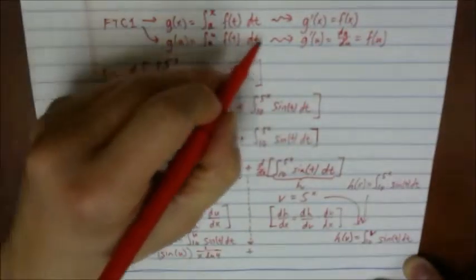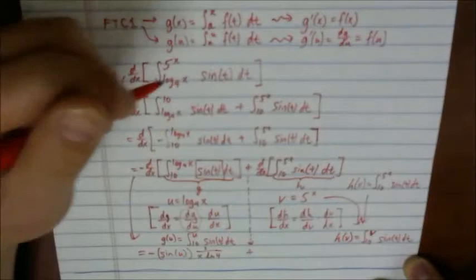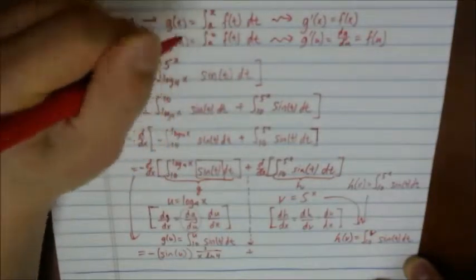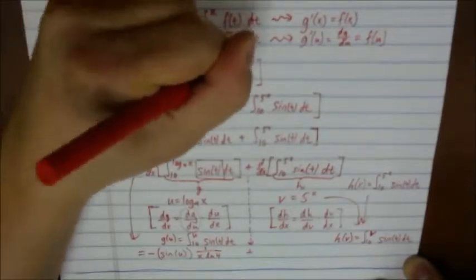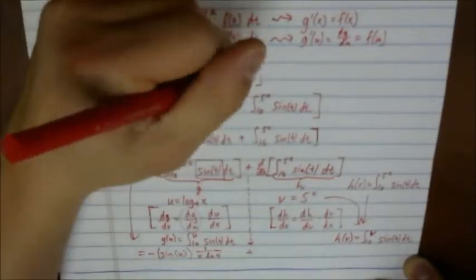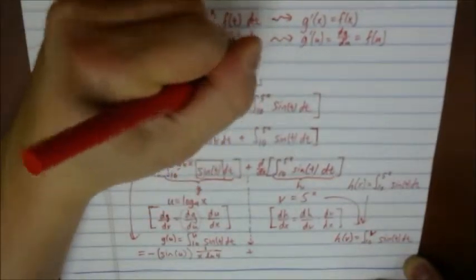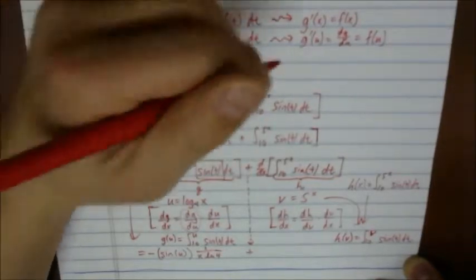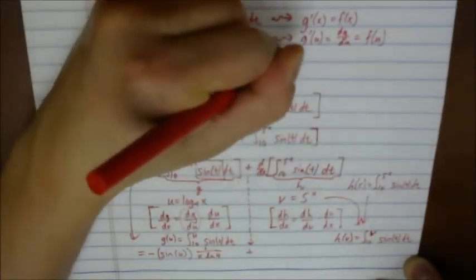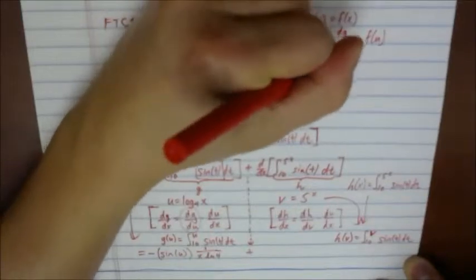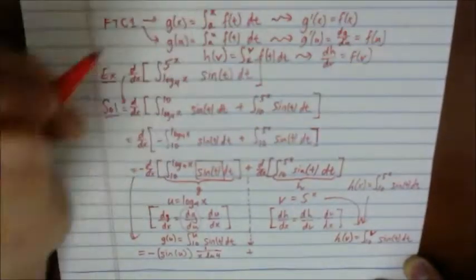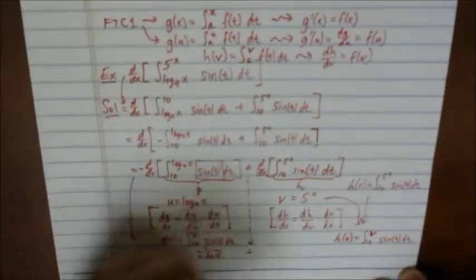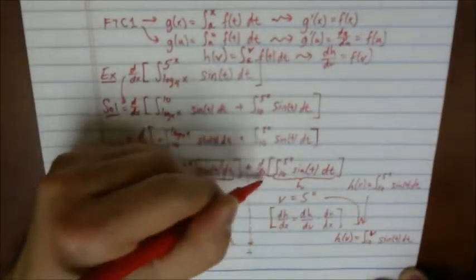Now read this entire line, fundamental theorem again. Actually, I have room. Let me write it down. So replace all the g's with h's, replace the u's with v's, and so you have h of v equals integral from a fixed number all the way up to v of f of t dt. And this is going to be dh dv is equal to f of v, and we're about to use that right here, because what we have here is dh dx.